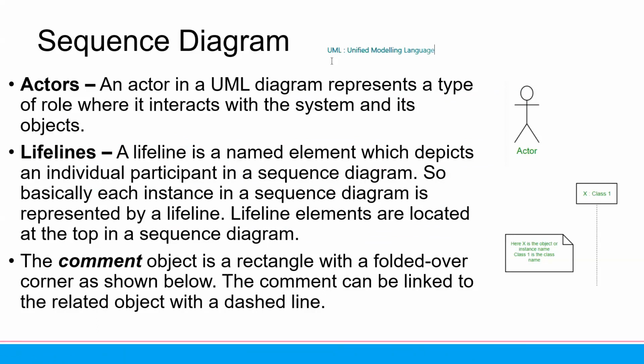In this sequence diagram, they mention that there is a kind of actor. An actor in a UML diagram represents a type of role. The role can be a person, or a group of persons. It can be admin, it can be user, and so on, where it interacts with the system and its objects.